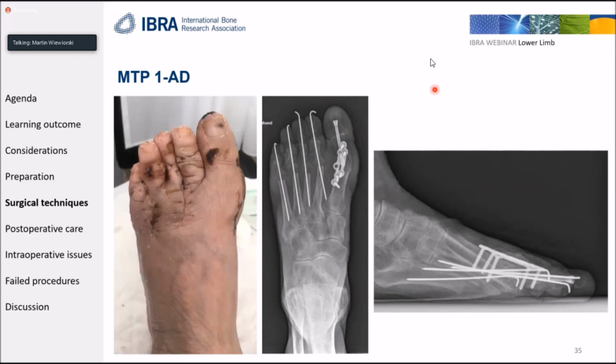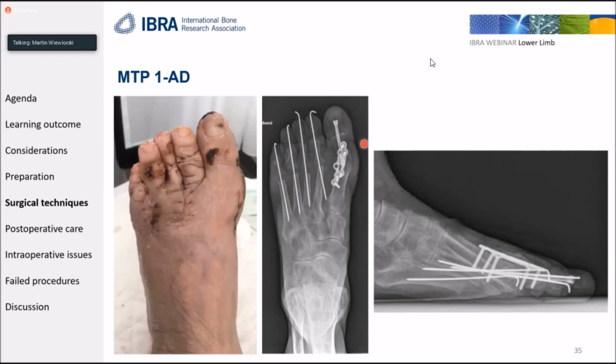This is a standing X-ray. I resected and had to shorten the MTP and the IP joint, and I transfixed both joints with this screw, which gave me good compression, and on top of that I put this Aptus fusion plate.